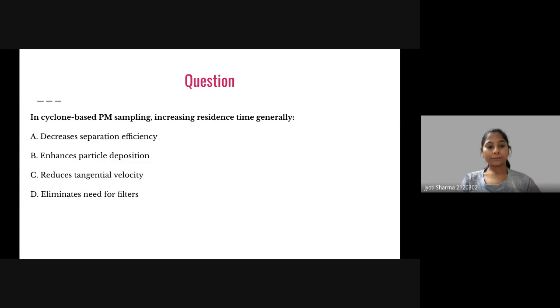Why will residence time increase the particle deposition? If we have more residence time, it means we have more chances that a particle may collide with the wall, and if it strikes the wall, then it will be deposited, right? So if we have more residence time, more spiraling, or more volume of cyclone, then we have a better chance for particle deposition.